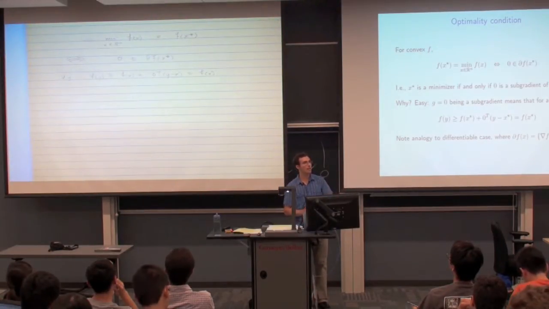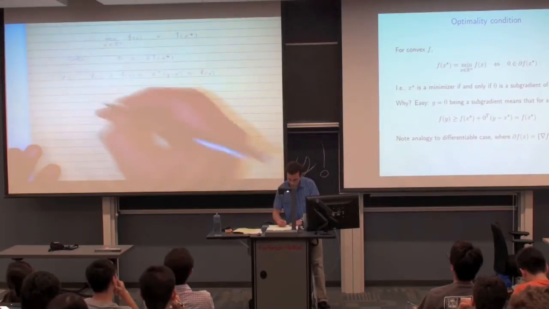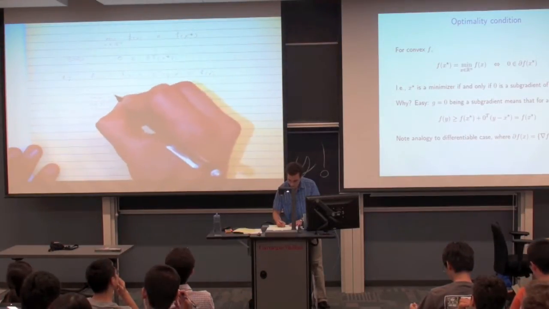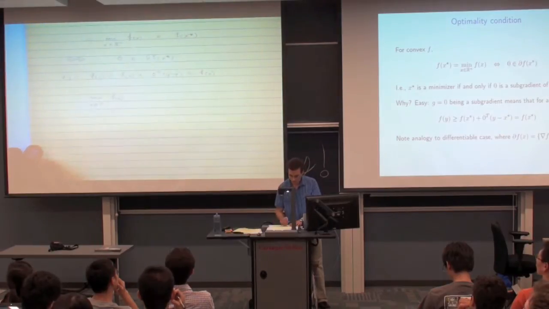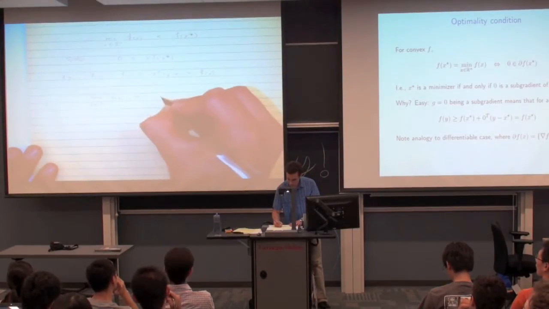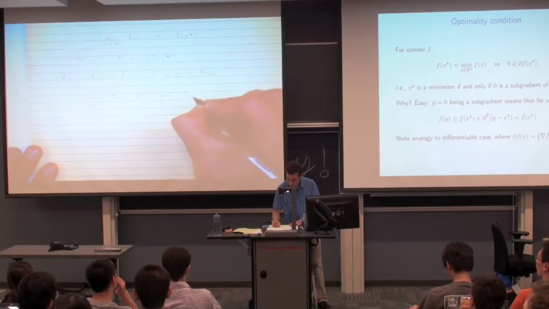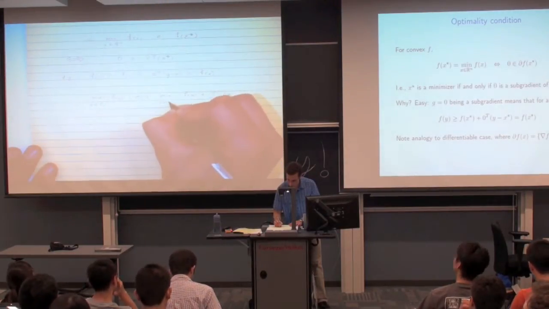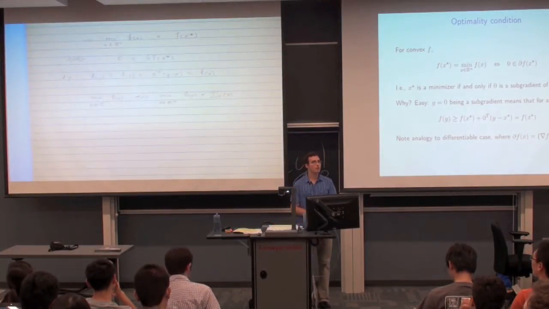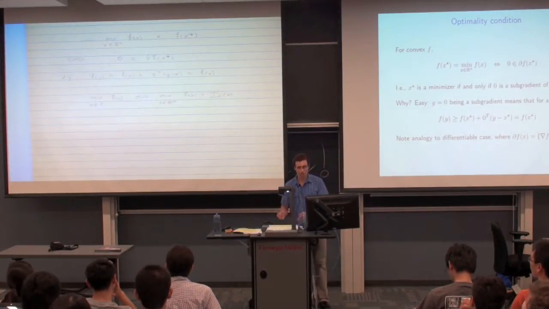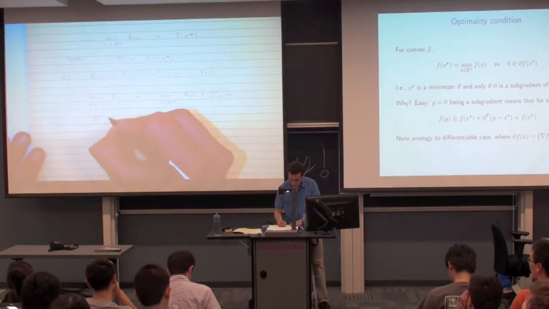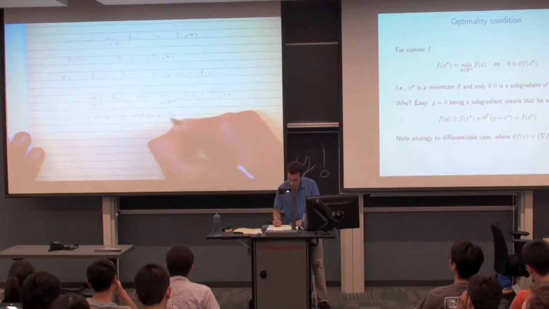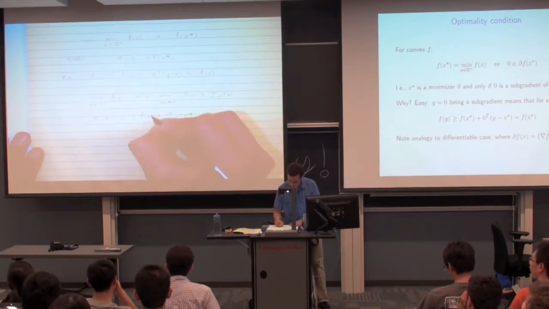Remember, I wrote this as an unconstrained problem, but if I have constraints, I can just add the indicator function. So if I have the problem minimize f of x over x in C, I can write that as minimize f of x plus the indicator function of x. Now that's an unconstrained minimization problem, and x star is a minimum if and only if 0 is a subgradient of the sum of these two functions at x star.